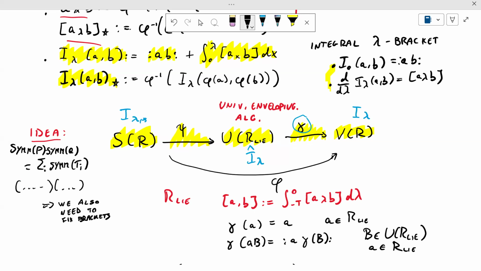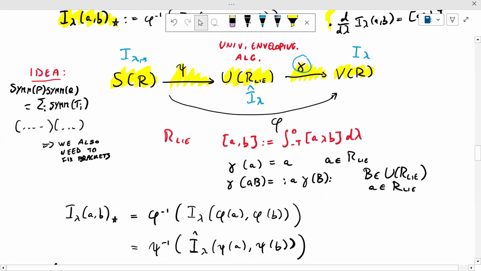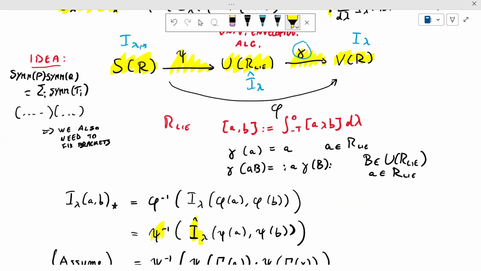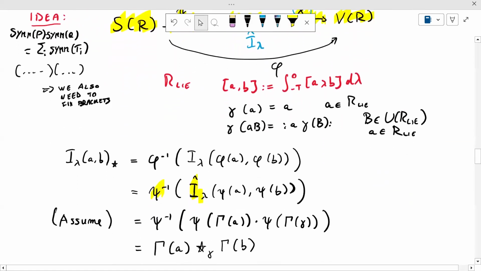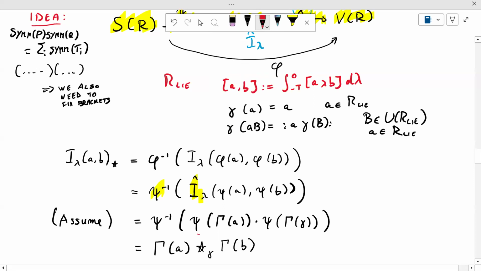Now, what happens? We can write this integral lambda star as just a pullback along psi of this integral lambda cap. Let's hope that, first, we need to compute a formula for this thing. And let's assume that once we compute it, we find out that we can actually write it as the product of two symmetrized things.